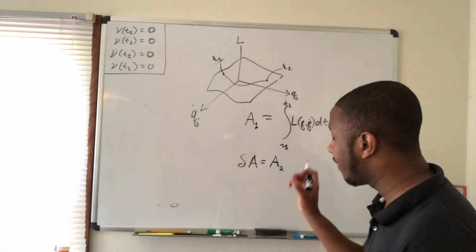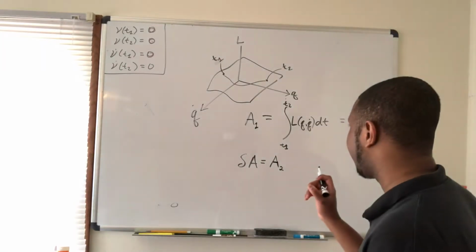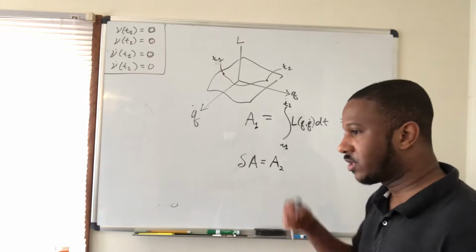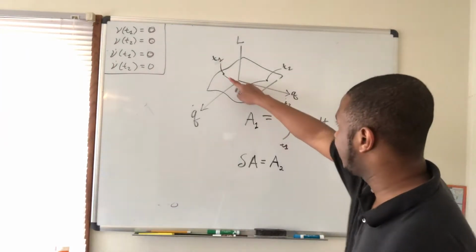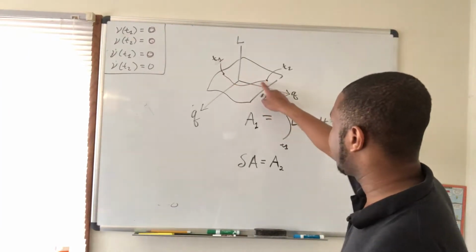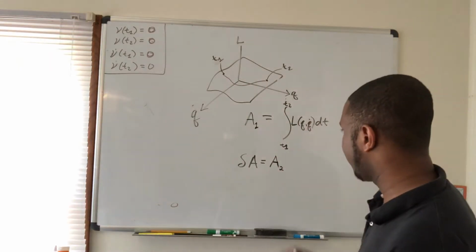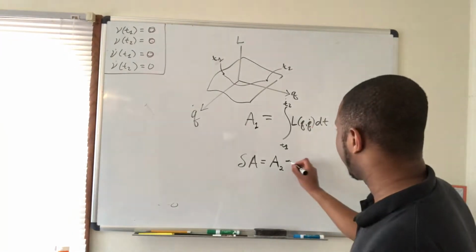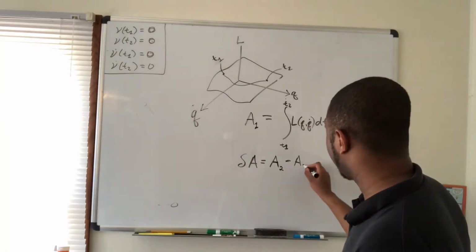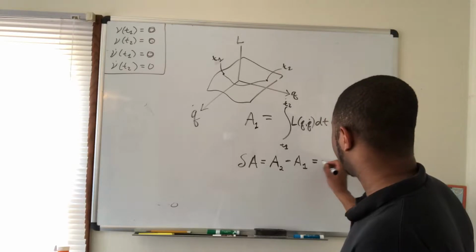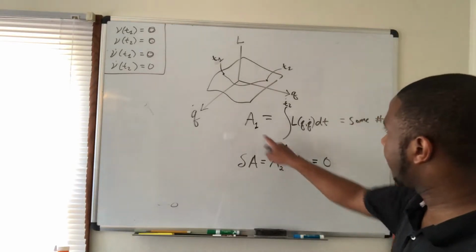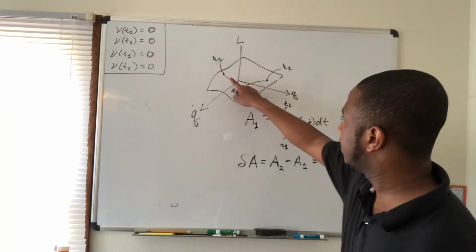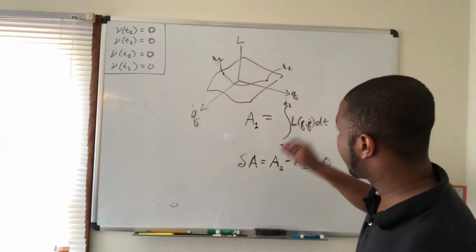A2 is going to be the very small change in the action caused by the very small changes in q and q dot, which in turn causes a very small change in this path. That's what q2 is. A2 minus A1 is equal to 0. So we start at A1. This is the value we get from integrating this function. And we change it, so A2 is a very small change.